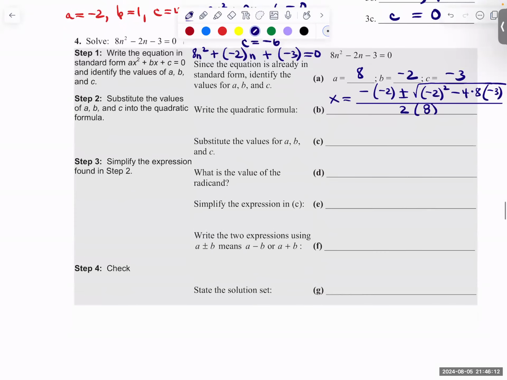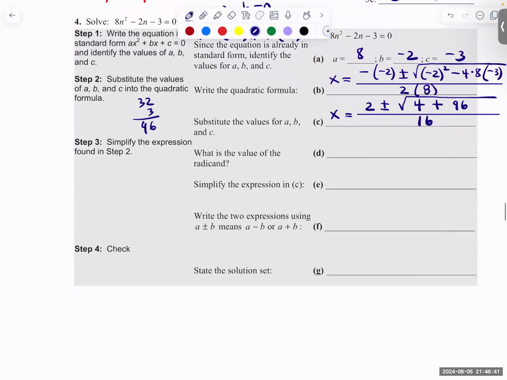Simplify. So we have x equals positive 2 plus or minus the principal square root of 4 plus 4 times 8, 32 times 3, 96, all divided by 16. Part D says, what is the value of the radicand?